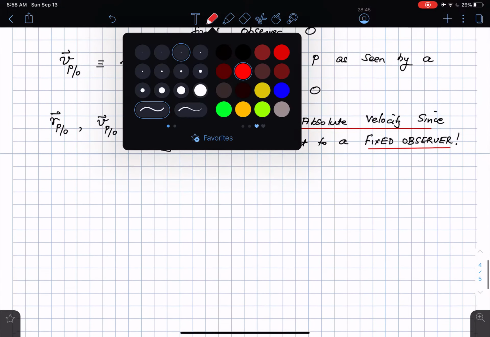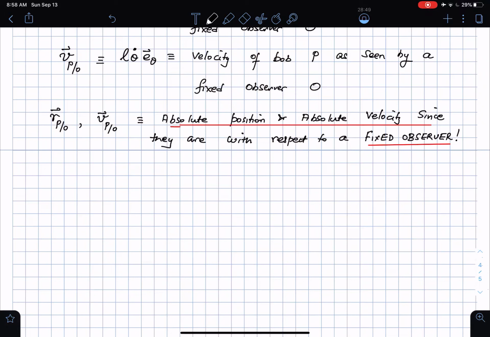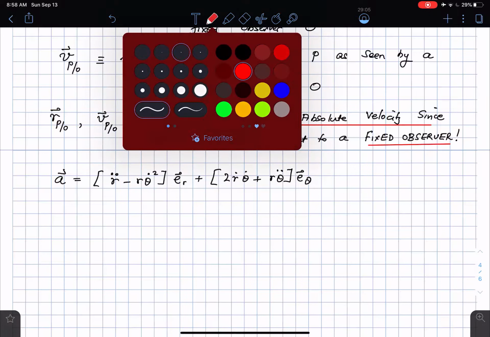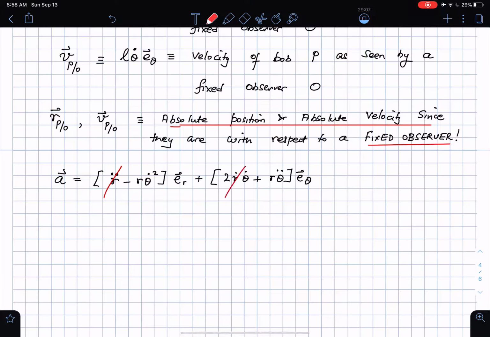And likewise, I can go back and look at the acceleration. So acceleration is, by basic definition, (r double dot minus r theta dot squared) e_r plus (2 r dot theta dot plus r theta double dot) e_theta. I'm going to cancel off some of these terms. r double dot is gone, r dot is gone here.